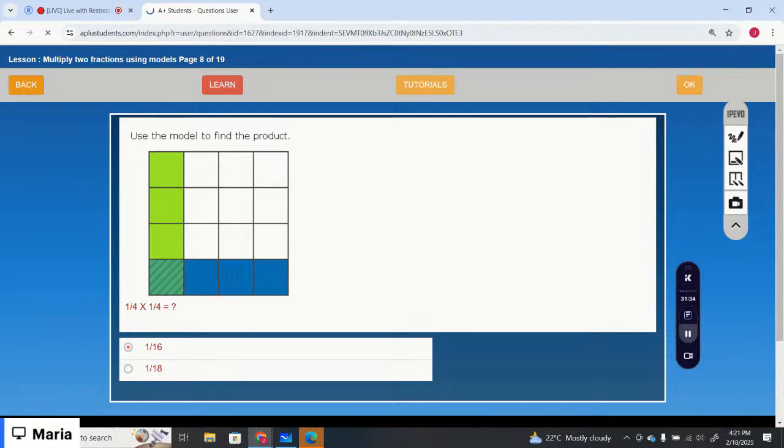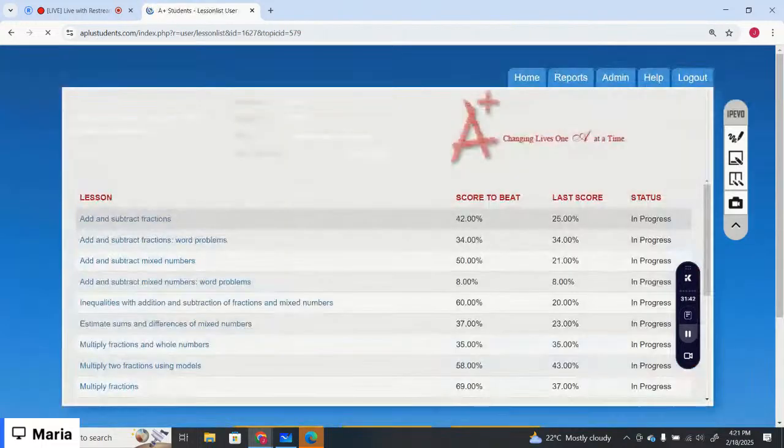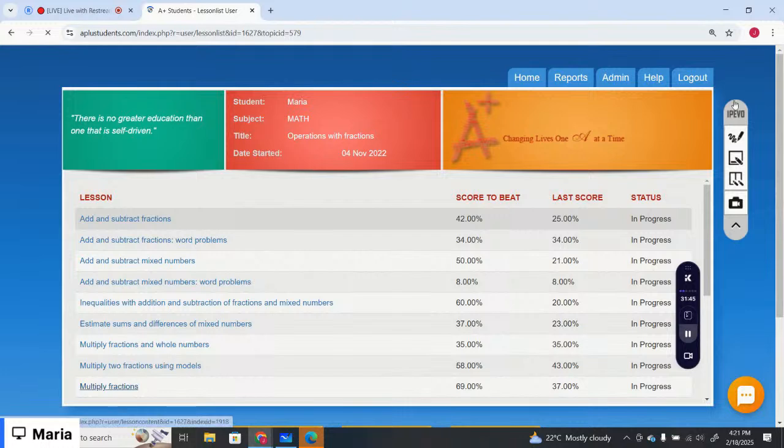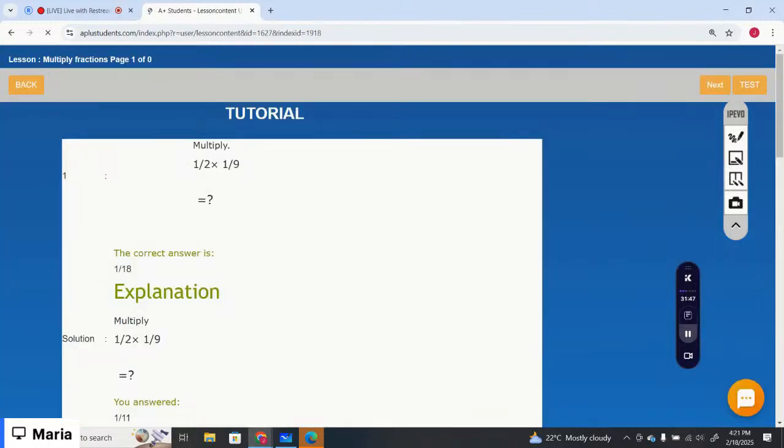The next lesson is multiply fractions. Let's just start with the lesson. 1 by 2 times 1 by 9.